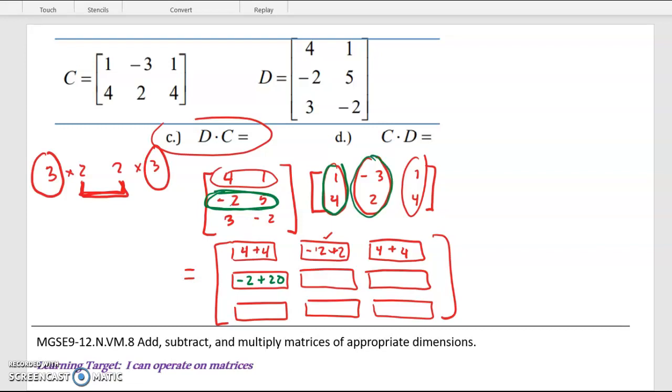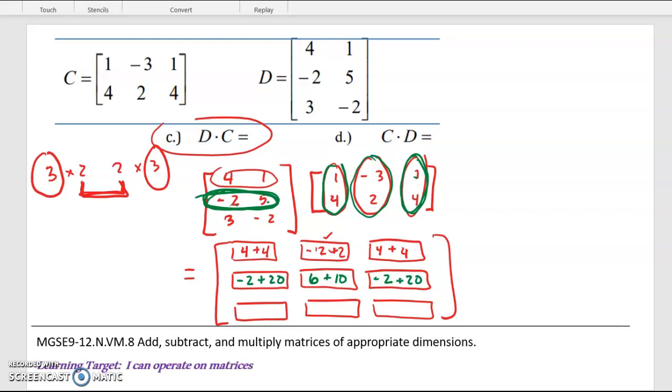Negative 2 times negative 3 is 6. 5 times 2 is 10. Add those. Second row, third column goes in the second row, third column. So negative 2 times 1 is negative 2. 5 times 4 is 20 again, and I'll add those.